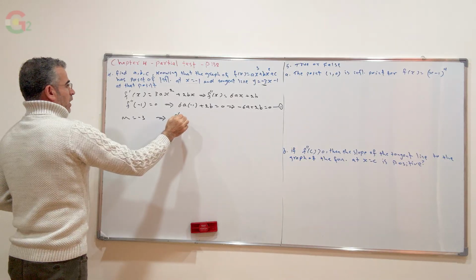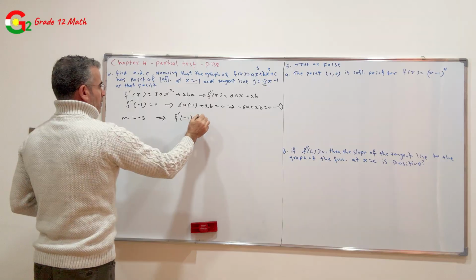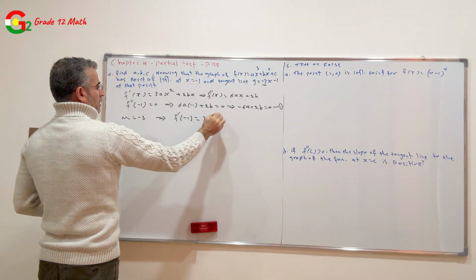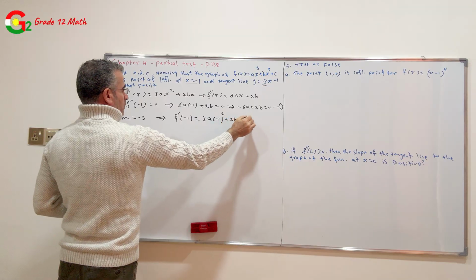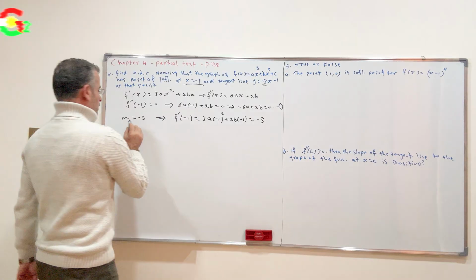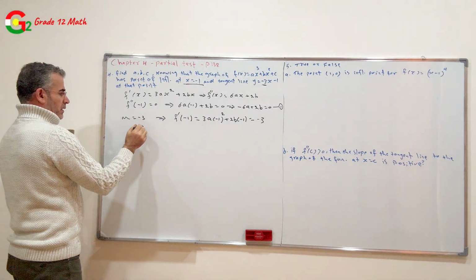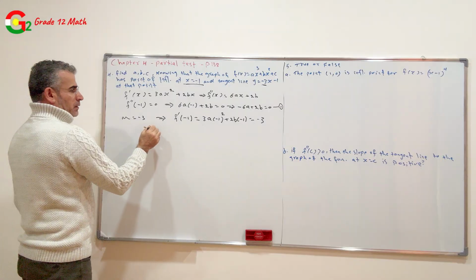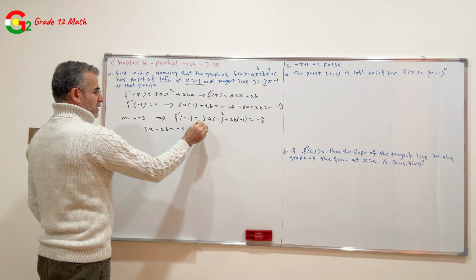F prime of -1 equals 3a times -1 squared plus 2b times -1, equal to the slope of the line, -3. -1 power 2 is 1, therefore 3a minus 2b equals -3. This is the second equation.